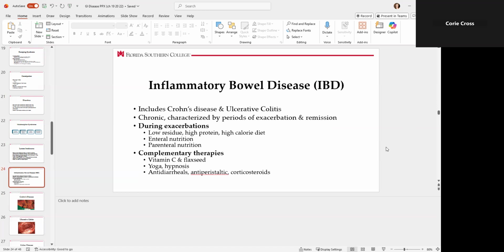Inflammatory bowel disease refers to two chronic GI diseases. You have Crohn's disease and you have ulcerative colitis. These two disorders share common symptoms and treatments and are believed to be caused by an abnormal immune response to a complex interaction between environmental and genetic factors.